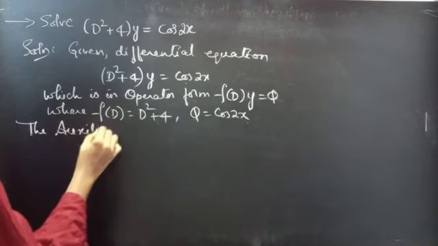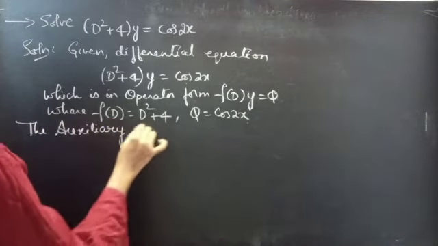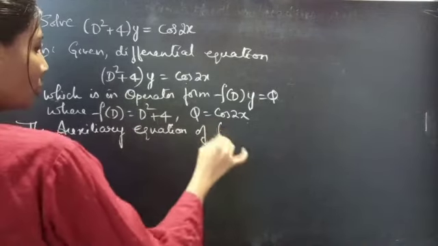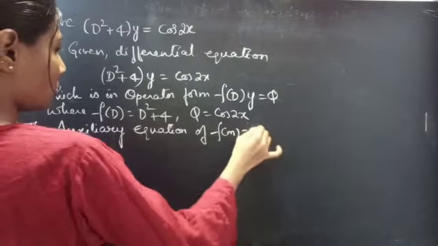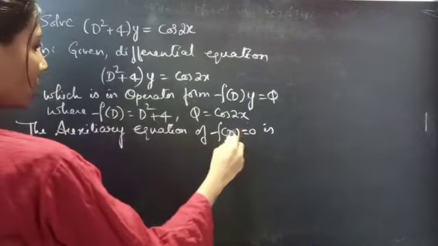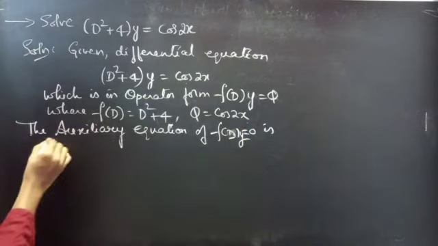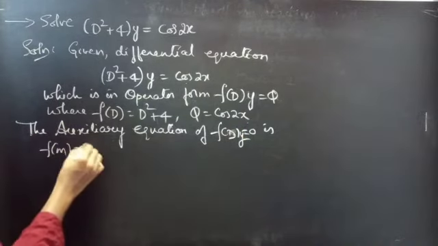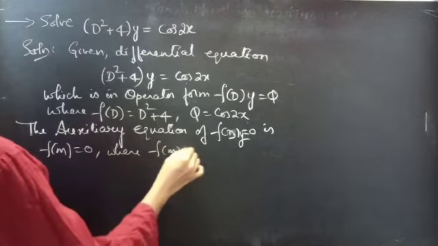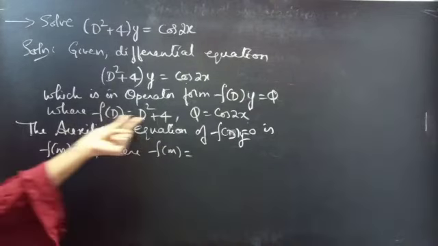The auxiliary equation of f(D) y equals 0 is f(m) equals 0, where f(D) equals D square plus 4.